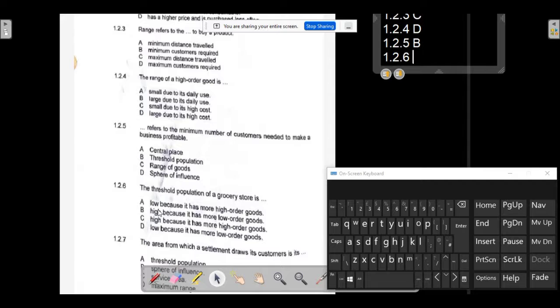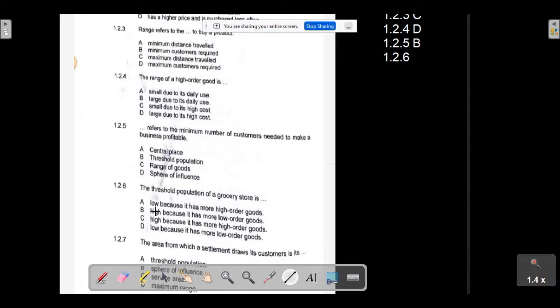So let's mark off the options that say the threshold population of a grocery store is high, because that is just incorrect.